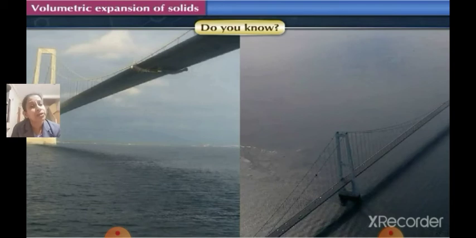Here you can see the Great Belt Bridge in Denmark. You can see how long it is, 18 kilometers long, and in summer it can increase by up to 4.7 meters. So you can imagine that there could be accidents here also, and therefore a lot of provisions are made for this bridge.